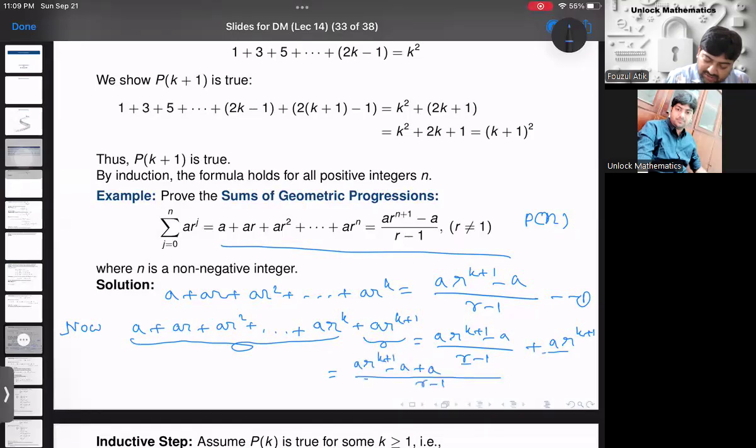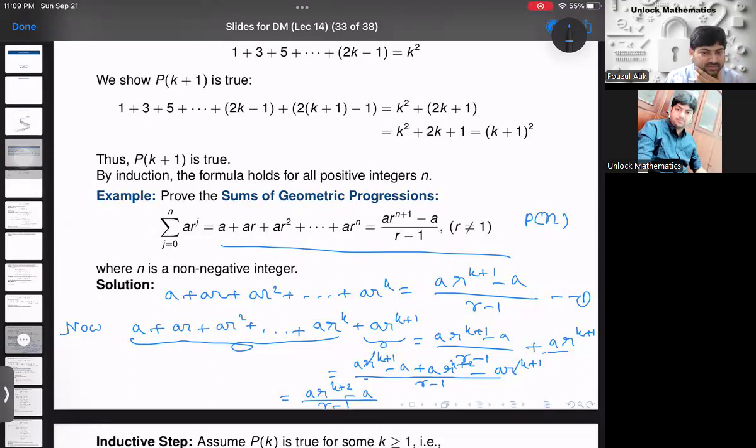Plus a r to the power k plus 1, so I am multiplying with r, so a r to the power k plus 2 minus a r to the power k plus 1. But this and this will be cancelled out, and this is equal to a r to the power k plus 2 minus a divided by r minus 1. But this is the expression for Pk plus 1.